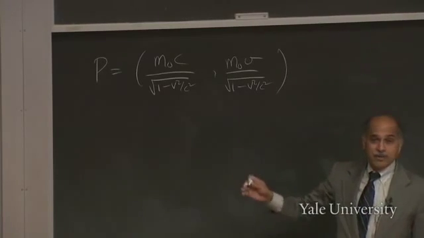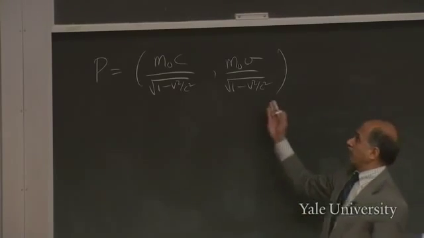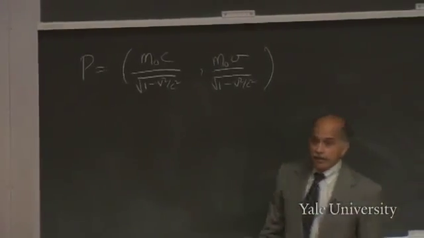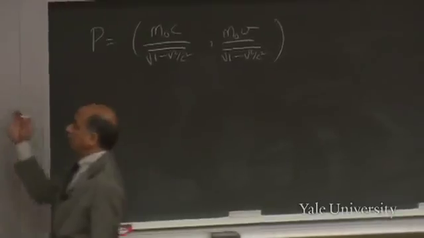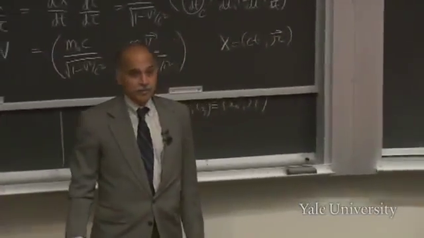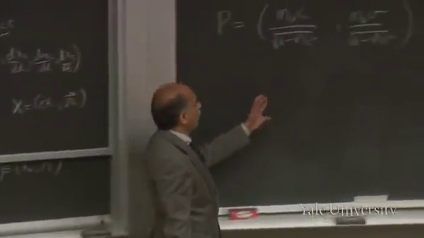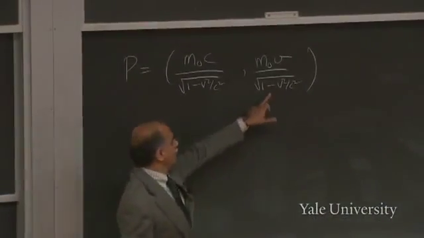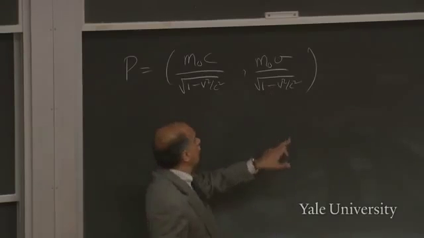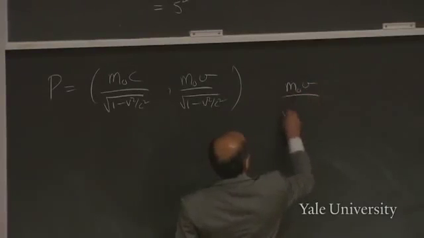But you guys would say, I've already seen 2 vectors. Well, you have seen 2 vectors in the xy plane. This is a 2 vector in space-time. Or it's part of this big 4-component object, which is a 4 vector in 4-dimensional space-time. So we have created something, and we are trying to understand what we have created. So let me look at this guy first. This guy looks like m0v divided by this factor.